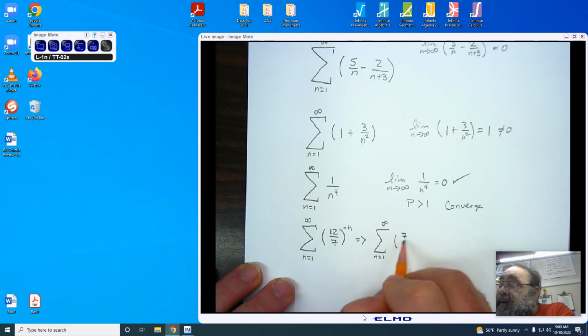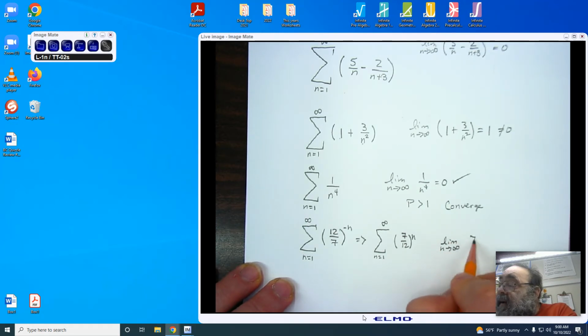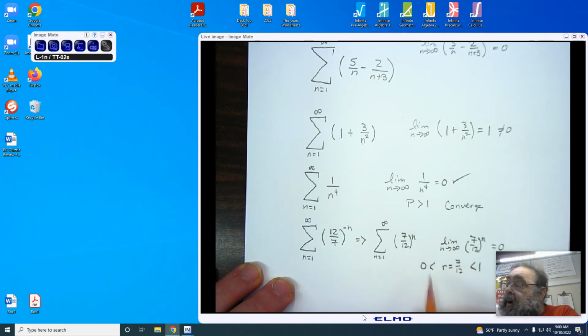Notice this now gives us 7/12 to the nth power, and as I take the limit as n approaches infinity for 7/12 to the nth, I get 0. I can also see that the common ratio, r being 7/12, is less than 1 but greater than 0, and therefore it will converge.